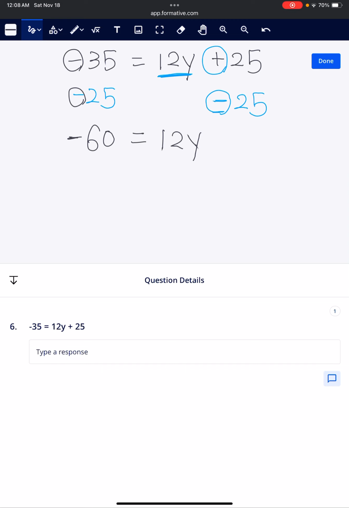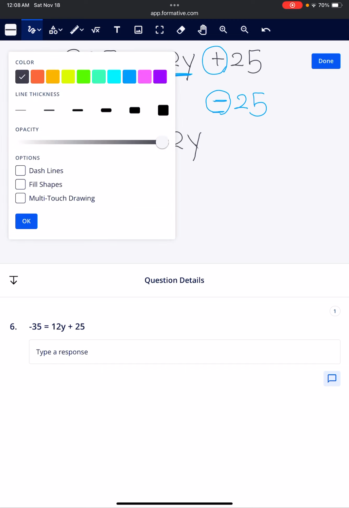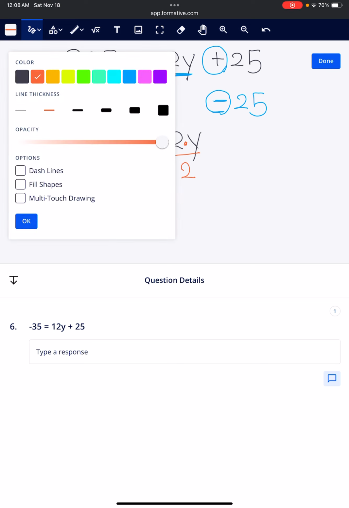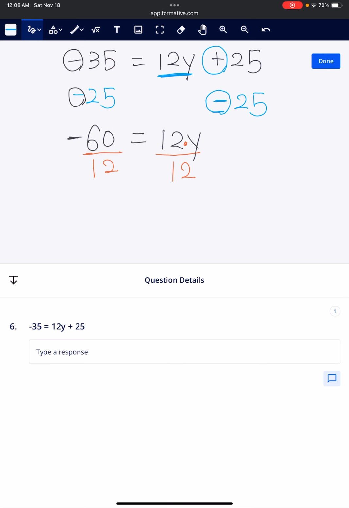Now 12 and y are multiplied, so you need to get rid of 12 by division. You need to divide both sides by 12. Then 12 and 12 are gone, and you'll be left with just y. On the left side, it's negative 5.